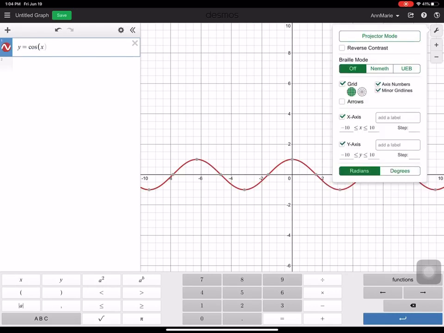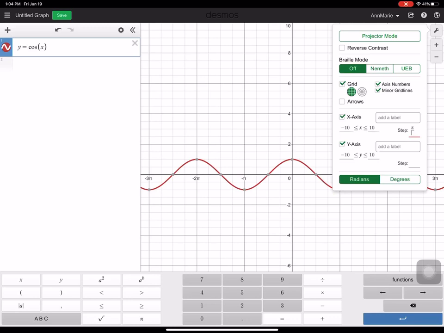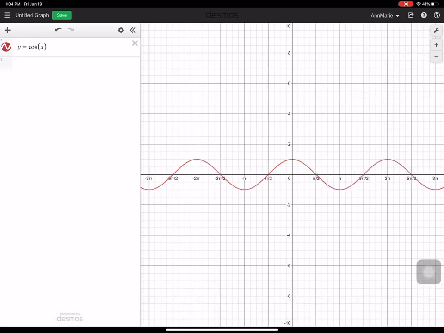I'm also going to change my step size for the x-axis to get my pi's, which are handy because I want to point out some things to you about cosine. Remember, cosine is related to the x-coordinates of the points on a circle at specific angles of rotation.